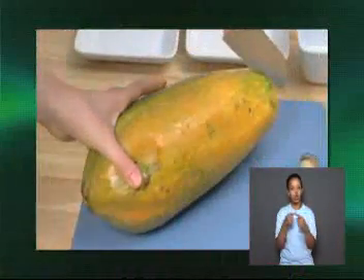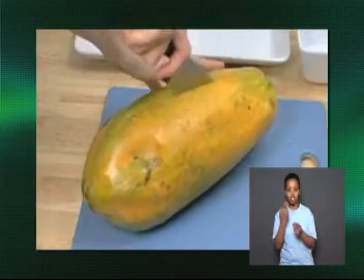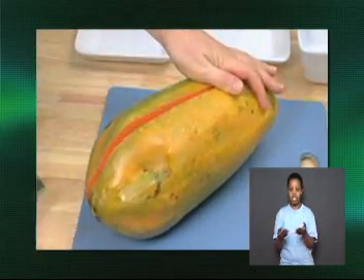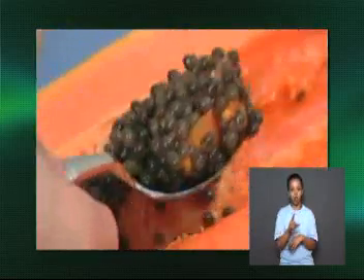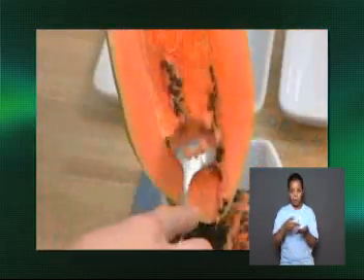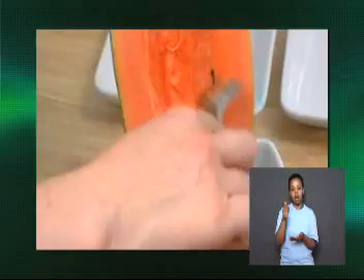Some enzymes were named based on the source from which they were first identified, such as papain from papaya. Other enzymes were named by adding ASE to part of the name of the substrate, such as lipase and sucrase.